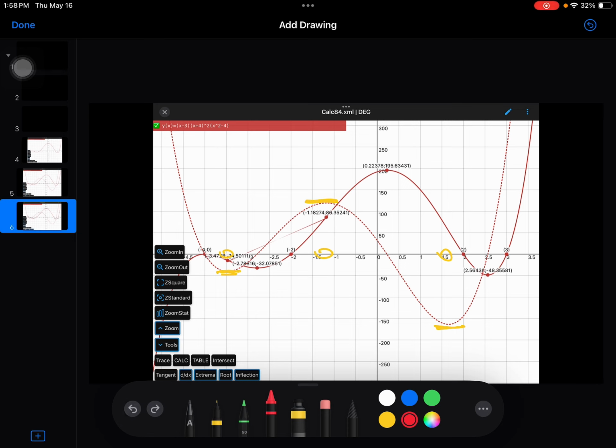And so there's also a connection between the peaks and troughs of the first derivative and the inflection points of that original function, where the inflection point is the point at which the slope turns from increasing to decreasing. Now the slope is still positive around negative 1.18.